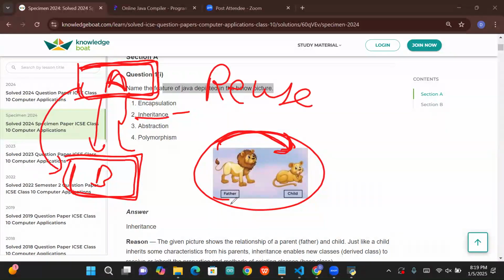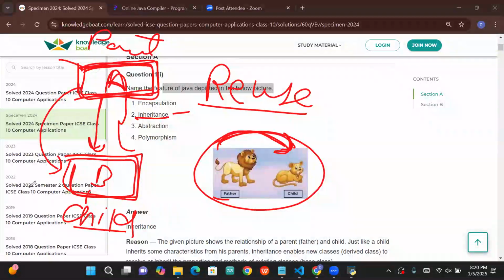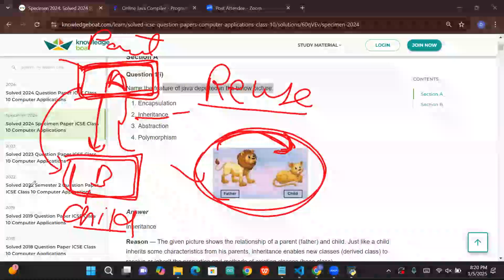When you have created some code and want to reuse it, you can create another class by using the A class. That is known as inheritance. When we derive a class from another existing class, that is inheritance. Class A is known as the parent class, and class B is the child class. So the answer of this question is inheritance. Father and child is inheritance.